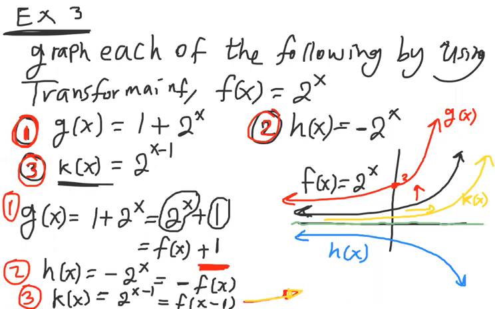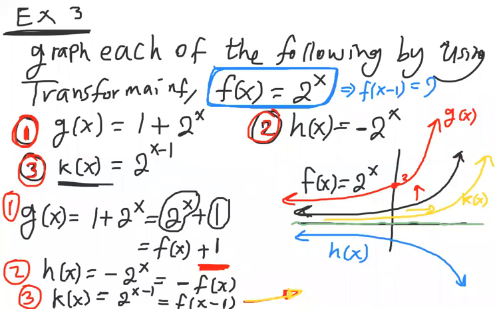How is it equal to f of x minus 1? I know the function f of x here is equal to 2 to the x. So plug x minus 1 inside this function. f of x minus 1 gives me 2 to the x minus 1. Here, k of x, they ask me to graph this function.